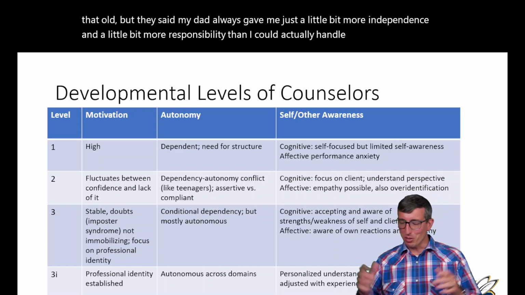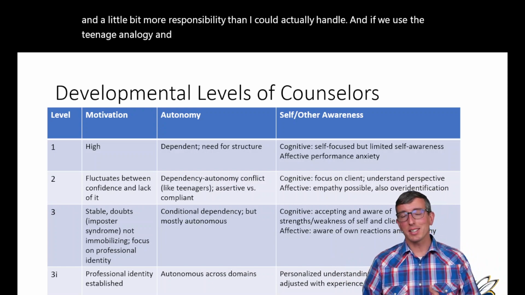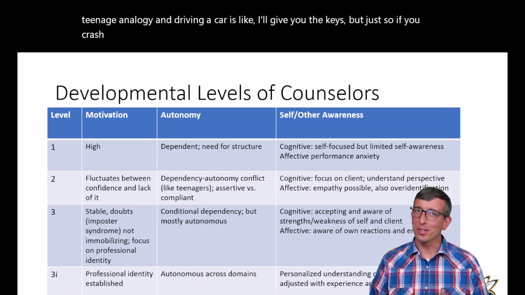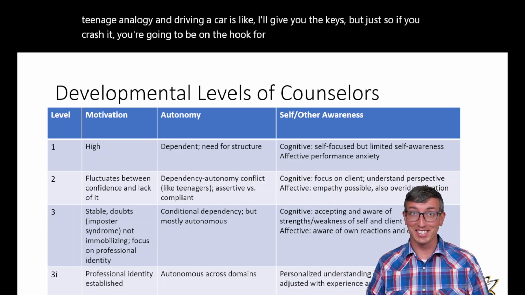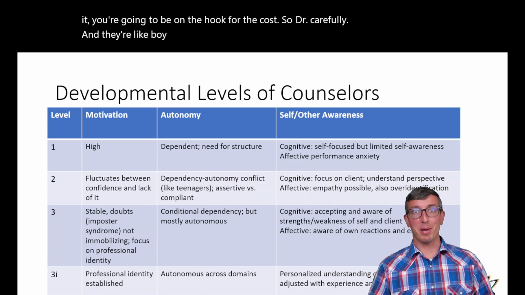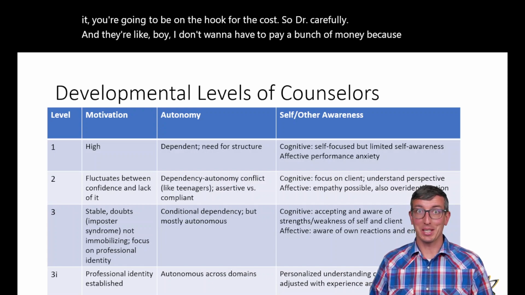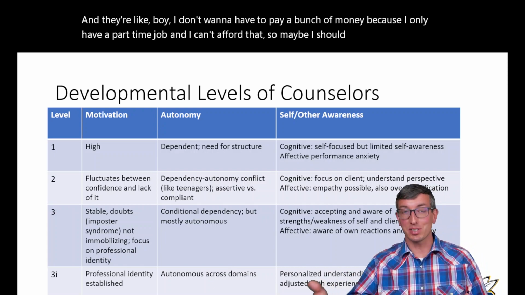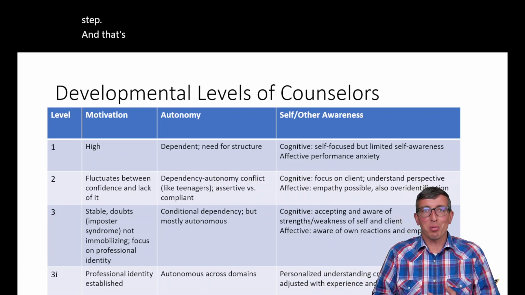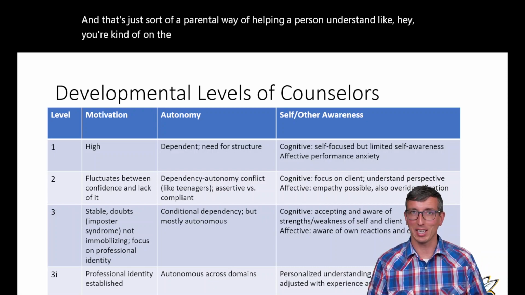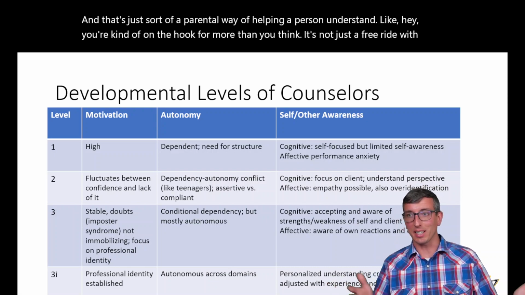If we use the teenage analogy of driving a car, he's like, I'll give you the keys, but just so you know, if you crash it, you're going to be on the hook for the cost. So drive carefully. And they're like, oh boy, I don't want to have to pay a bunch of money because I only have a part-time job and I can't afford that. So maybe I should consider that extra step. That's just sort of a parental way of helping a person understand, hey, you're kind of on the hook for more than you think. It's not just a free ride with all your friends, that kind of thing.